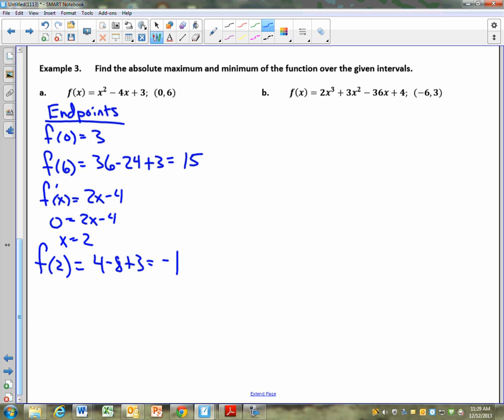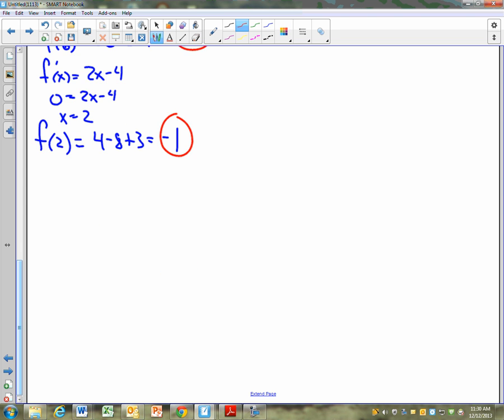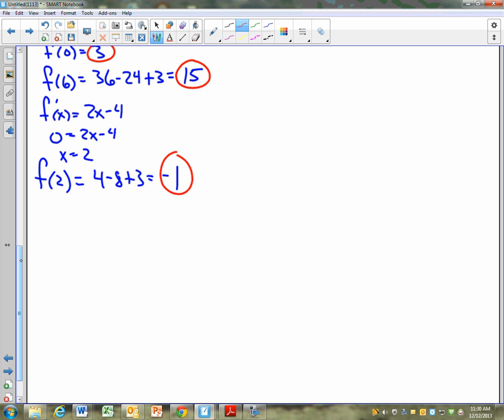So I have 3 very interesting values here: 3, 15, and negative 1. Let's make a list right here: local min, local max, global min, global max.